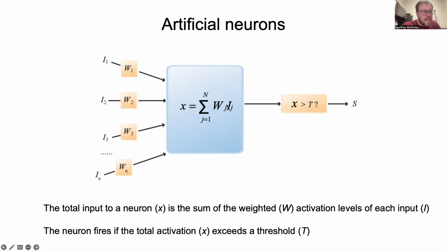Once you're done multiplying, you sum them all up, and that gives you a value represented by x. This is essentially the activation of that neuron. And the question is if that activation is greater than some sort of threshold, then the neuron fires. However, if the activation is less than the threshold, then the neuron doesn't fire. And that's basically it.